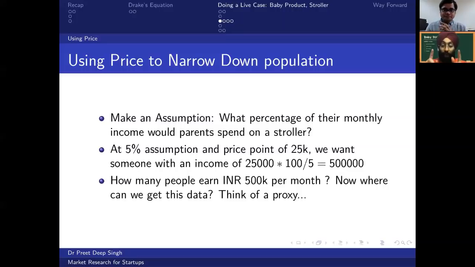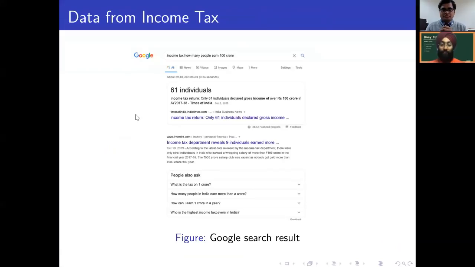A lot of market research happens just within your head. Thankfully, in this case, we have a good idea that is called Google. So let's just Google income tax, how many people earn X amount of money.